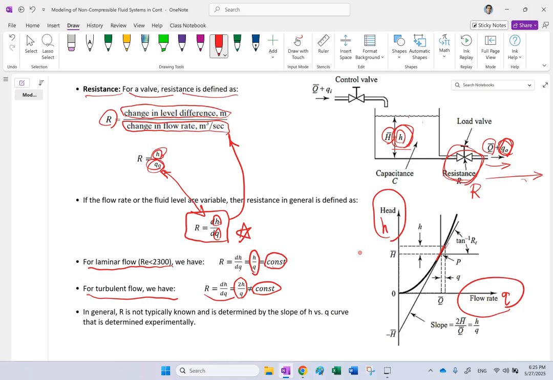what is going to be this curve, right? Because many people will go and write the Bernoulli equation between, let's say, a point here and a point there, and they can see that, for instance, Q is proportional to square root of H, or H is proportional to Q squared, which you're going to see basically this parabola like that, yes?